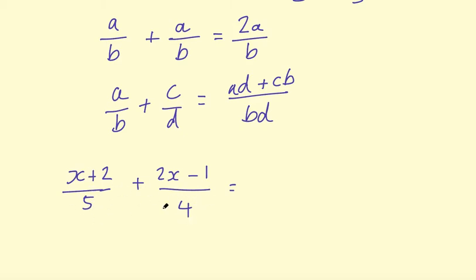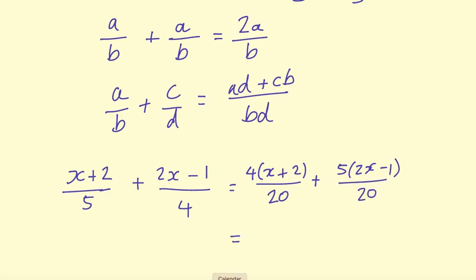So we need to make that denominator equal. Well, we can multiply them together. We can multiply that fraction by 4, so we're going to get 4 times x plus 2 over 20, and then this one we can multiply by 5, so we'll get 5 times 2x minus 1 over 20.